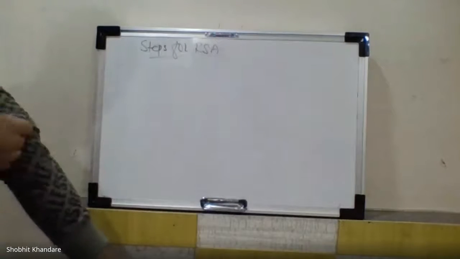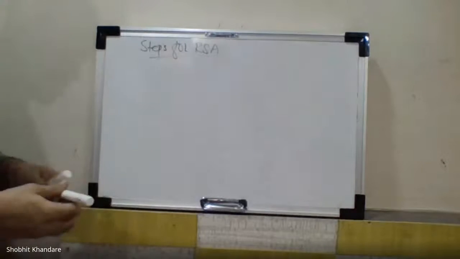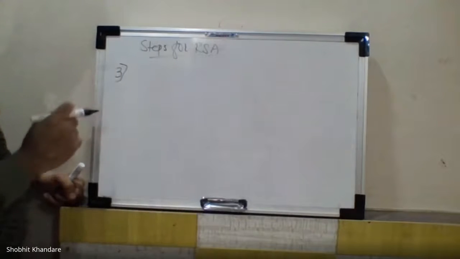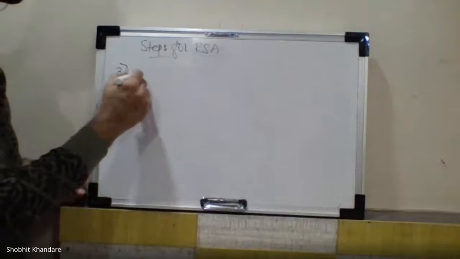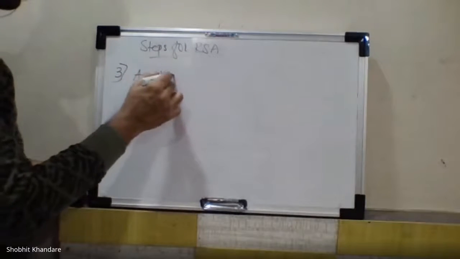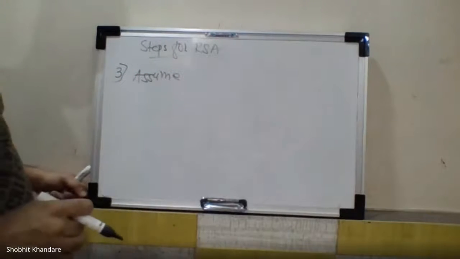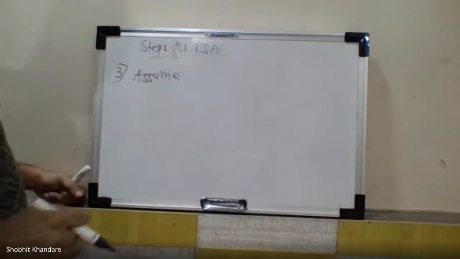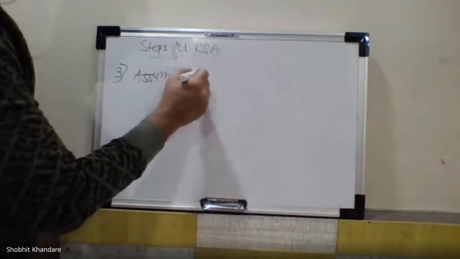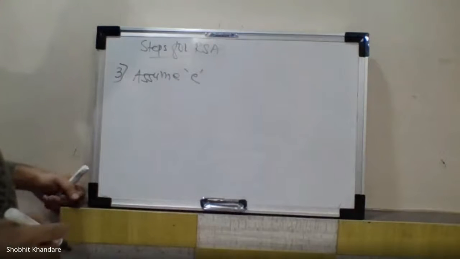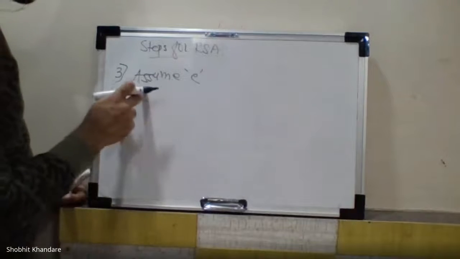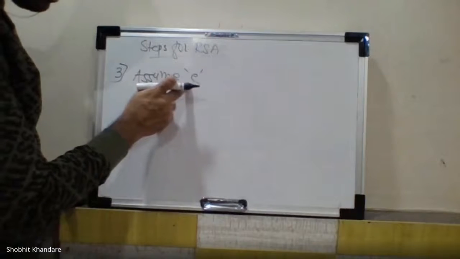Okay. Now the third step. The third and fourth steps are important. So the third one, write down: assume small e.